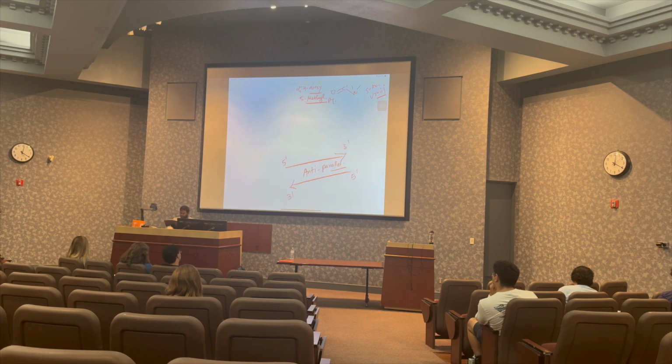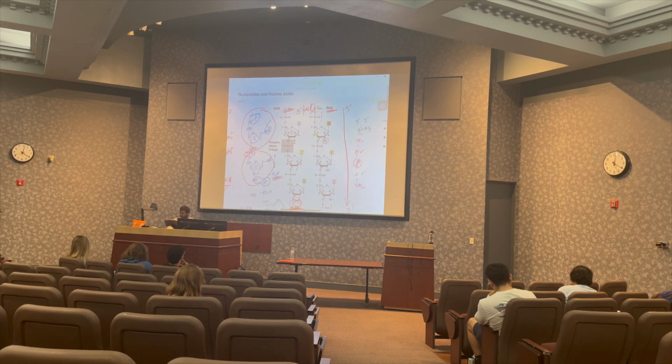Why they are not parallel to each other, like 5 prime to 3 prime and 5 prime to 3 prime, this is wrong and this is correct, and we will definitely learn why. I think I'm clear up to this point. Yes, let's move ahead and see hydrolysis of DNA.